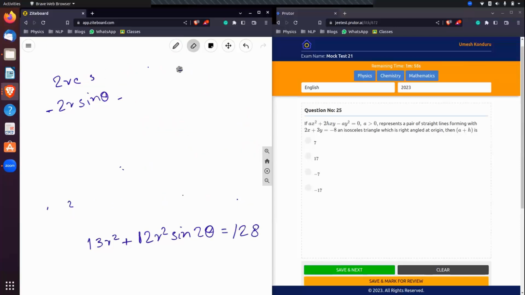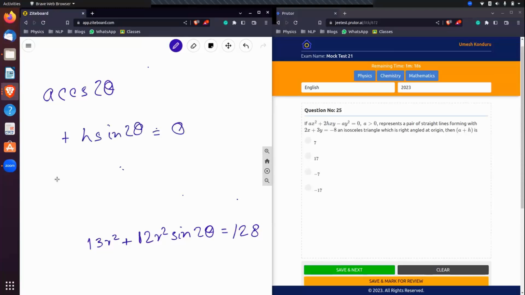But then we can also put in these values in the equation of the other line. So doing that, we get a cos 2 theta plus a sin 2 theta equal to 4. And also we get minus a sin 2 theta minus a cos 2 theta plus h sin 2 theta equal to 0, which means cos 2 theta has to be 0, if I'm not wrong.